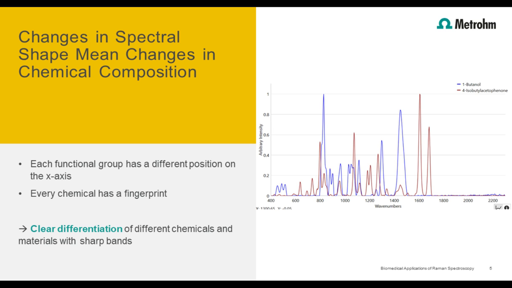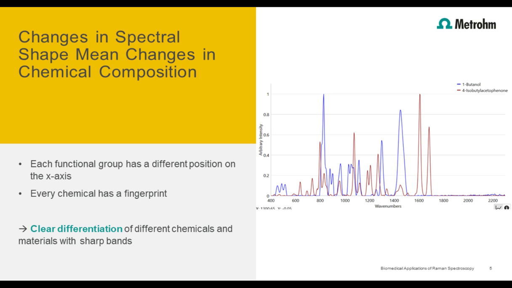So qualitative analysis is based off of the band positions of the spectrum. Raman spectroscopy is a type of vibrational spectroscopy in which we're probing the vibration groups that are present in our sample. So we're looking at the actual chemical bonds in our sample.